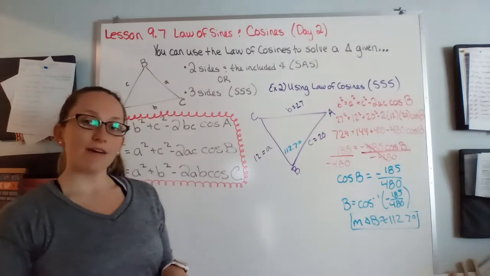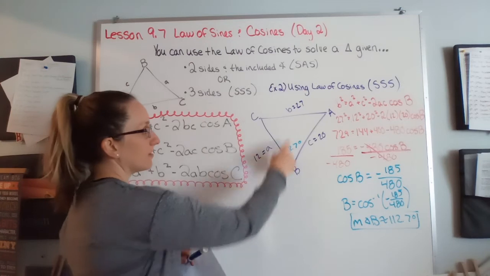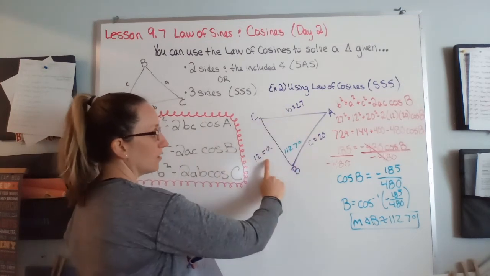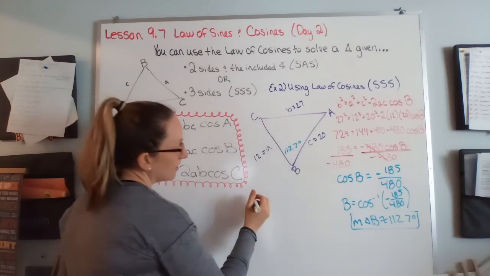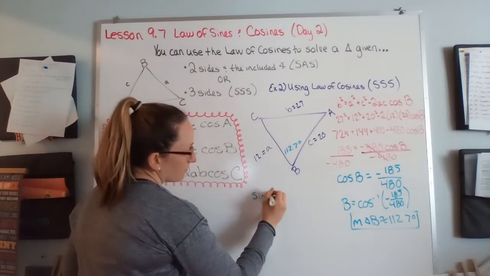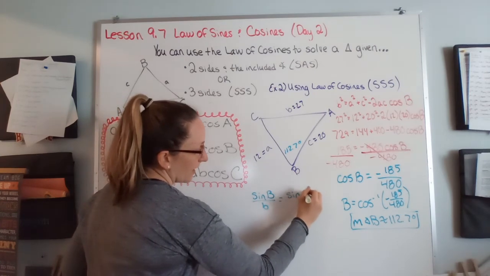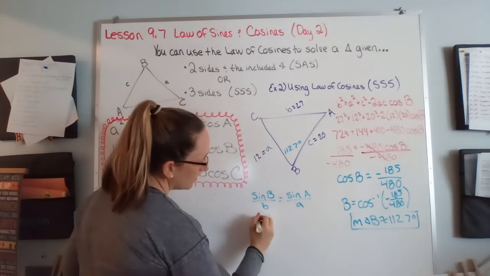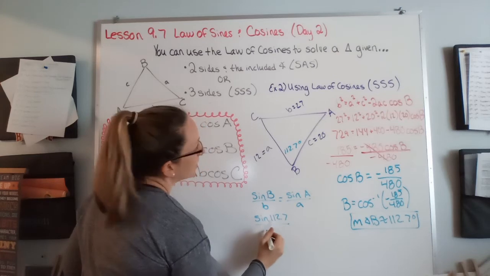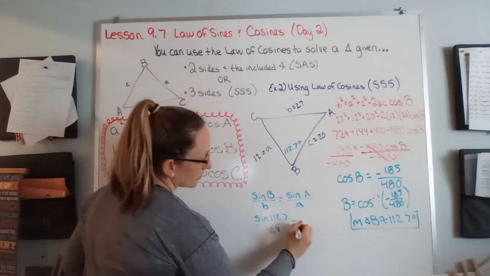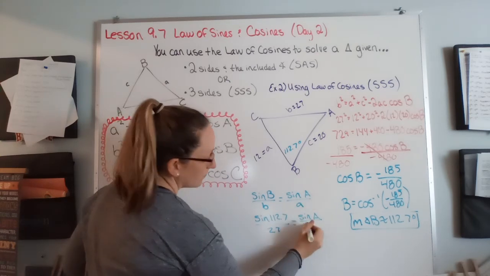But at this point, now I have enough information to flip back over and use the law of sines. That's what I'm going to do. Sine of B over B is equal to sine of A over A, or sine of B over B is equal to sine of C over C. I'm going to solve for A, so it's going to be sine of B over B is equal to sine of A over A. So I have sine of 112.7 over 27 is equal to sine of A over 12.